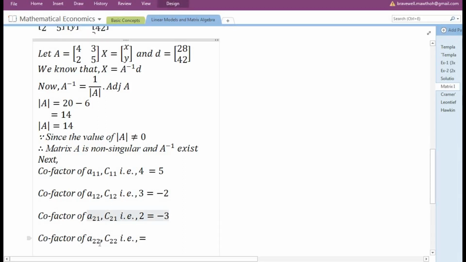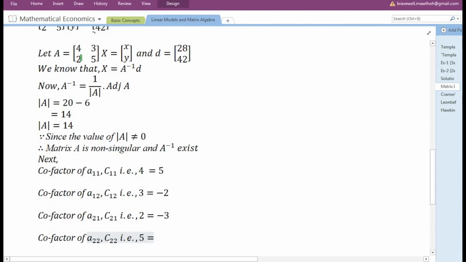Next, cofactor of A22, element present in the second row and second column. Second row and second column, the element is 5. What about its positional sign? 2 plus 2 is equal to 4. 4 is an even number, so we have positive sign.